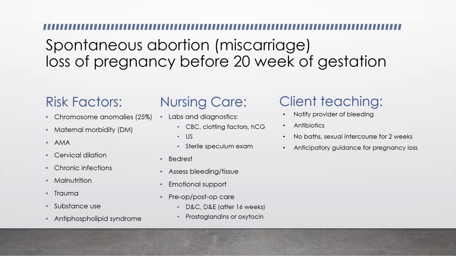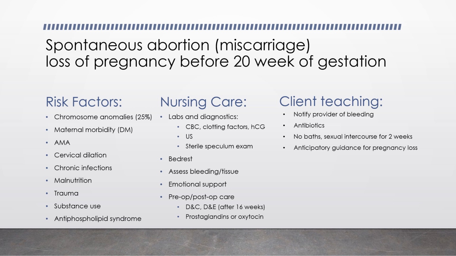Not every time, but some women require a D&C, dilatation and curettage, or a D&E, dilatation and evacuation, to remove the rest of the products of conception. Other times, women just require prostaglandins or oxytocin in order to pass the tissue.